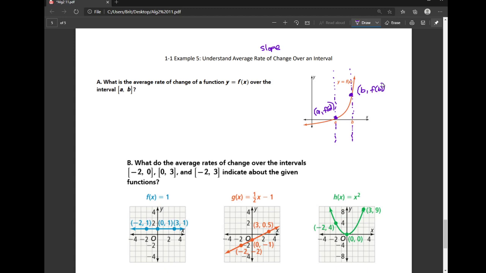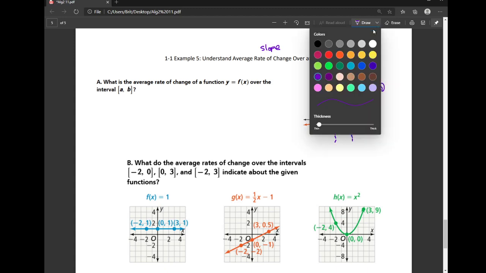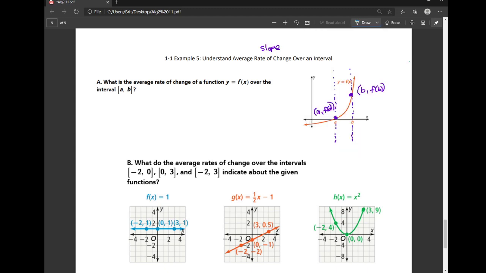So now I have two ordered pairs, and in order to find the average slope of the line between those two points, I'm going to pretend that there is a completely straight line between them. We're also going to pretend that I know how to draw a completely straight line.